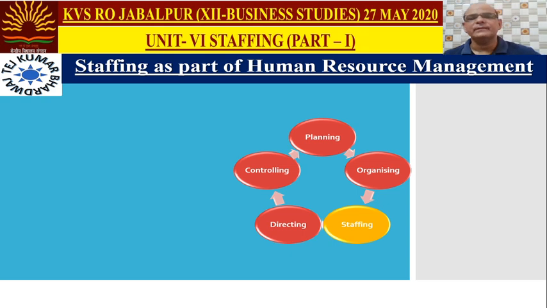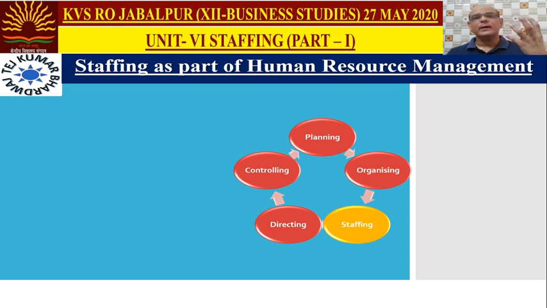So staffing means appointing the appropriate workforce, training them and retaining them in the organization so that optimum utilization of the workforce may be done, not overmanning, not undermanning, and we are achieving our organizational goals appropriately. But this is the part of management process only. Staffing is merely a function of management process.